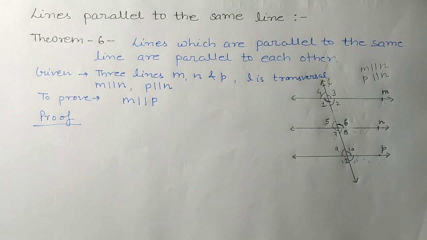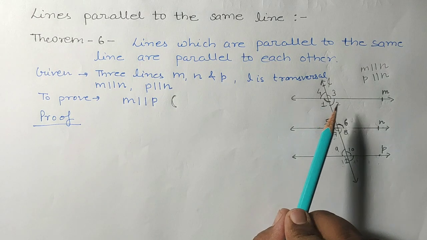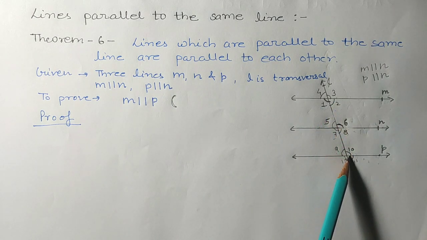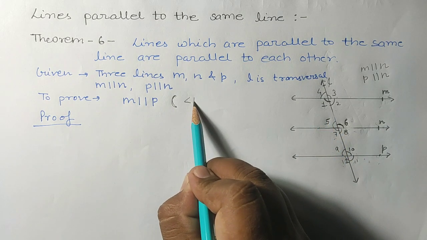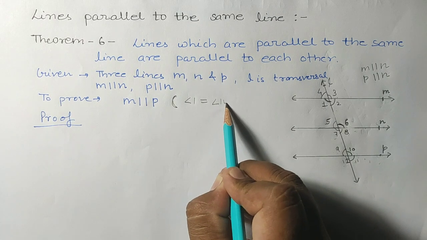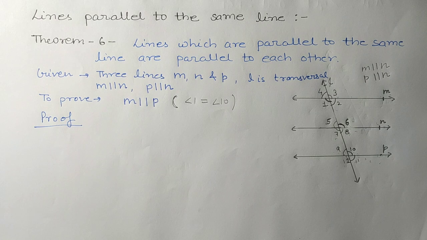So basically to show M is parallel to P, if we show that the alternate interior angles of M and P are equal, means angle 1 is equal to angle 10, then it is also proved that line M is parallel to line P. So how will we prove it?